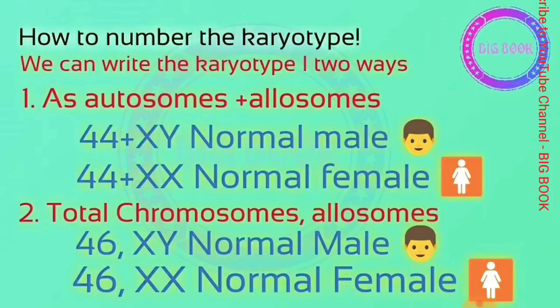After that, to mention the sex of the individual, we write the sex chromosomes: 46 is the total, and it is male, that is XY. 46 XY is the normal male. 46 XX is the normal female. I hope people have understood this.